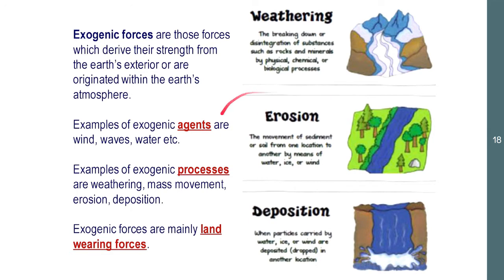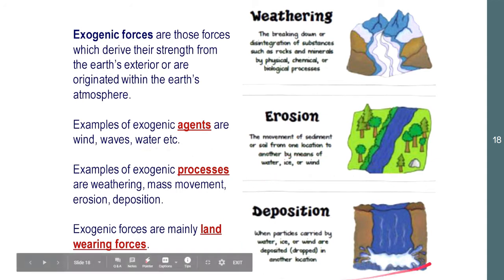We call that erosion, or movement of sediment or soil from one location to another, brought about by agents of erosion such as wind, waves, and water. And finally, when they reach a new destination, we call that deposition. Water, ice, and wind play important roles in those processes.